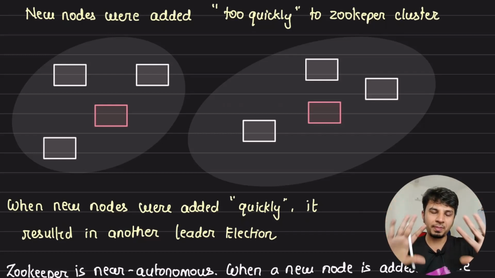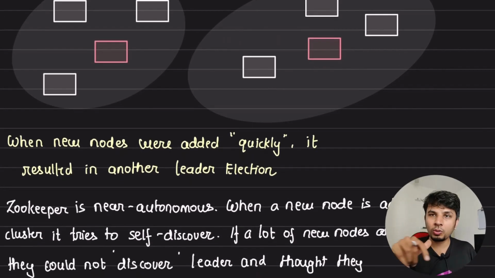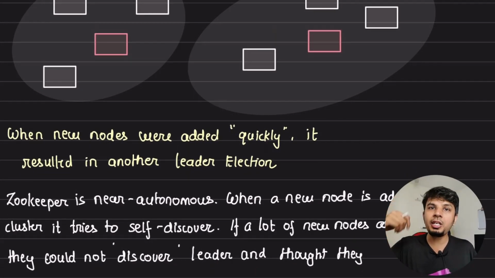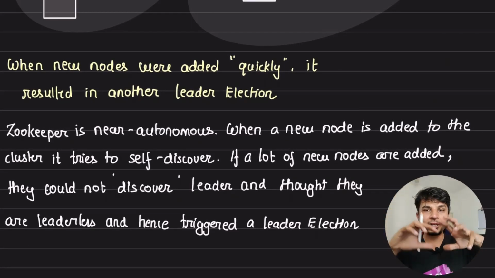So what happens internally whenever a node is added to a Zookeeper cluster? Zookeeper is made to be near autonomous. So when a node is added, it tries to understand what the cluster looks like.